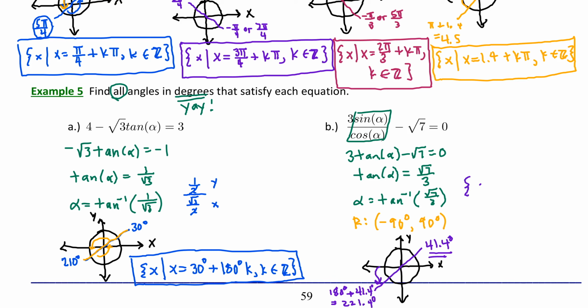So we can say the set of all x such that x is equal to our smallest positive solution, 41.4 degrees, plus any multiple of 180 degrees. And as always, k is an element of the integers.